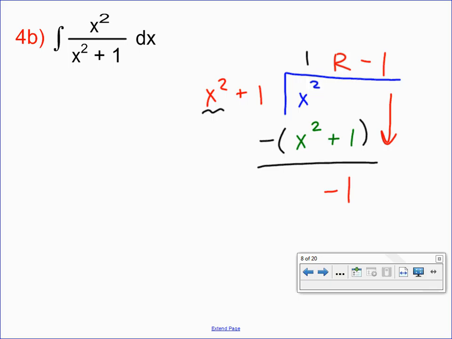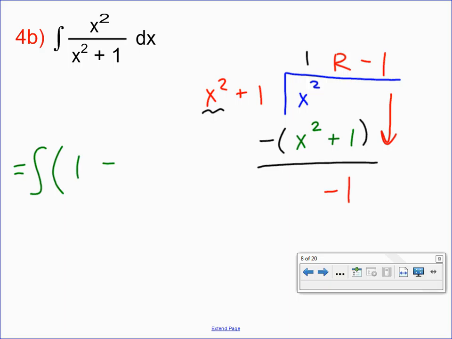Well, we've seen that this original integrand, x squared divided by x squared plus 1, is equal to 1 with a remainder of -1 over x squared plus 1. That is, we can rewrite my original integrand as 1 plus the -1 over x squared plus 1.